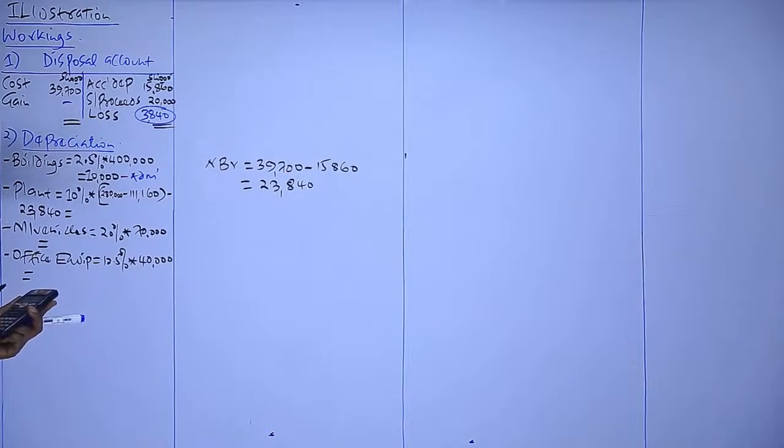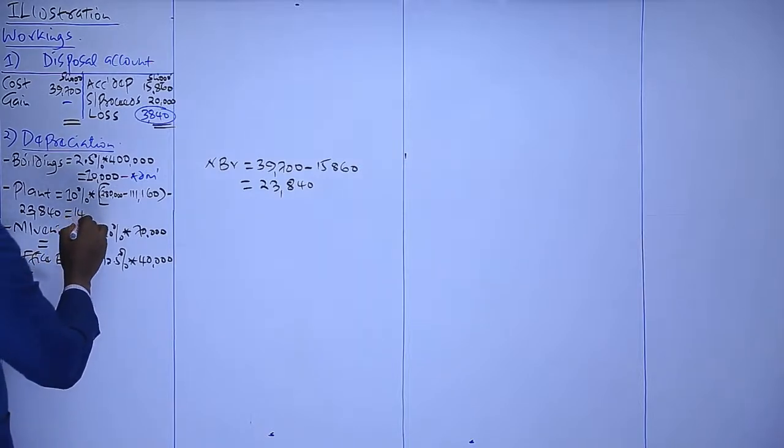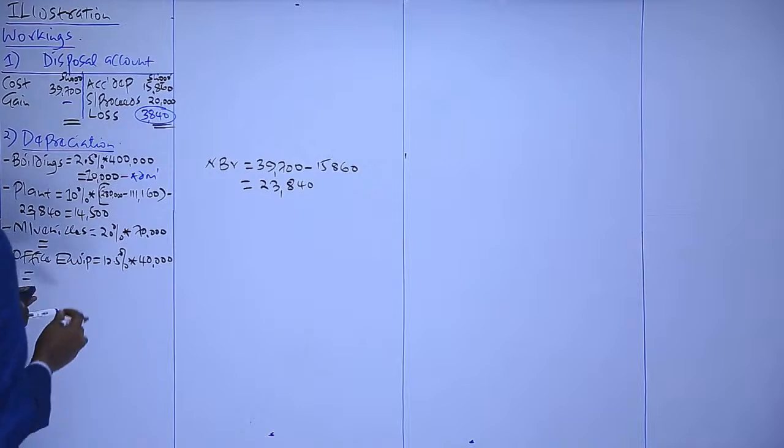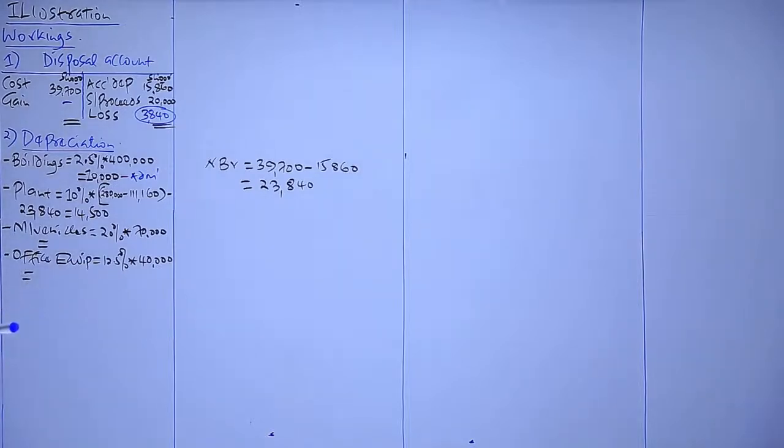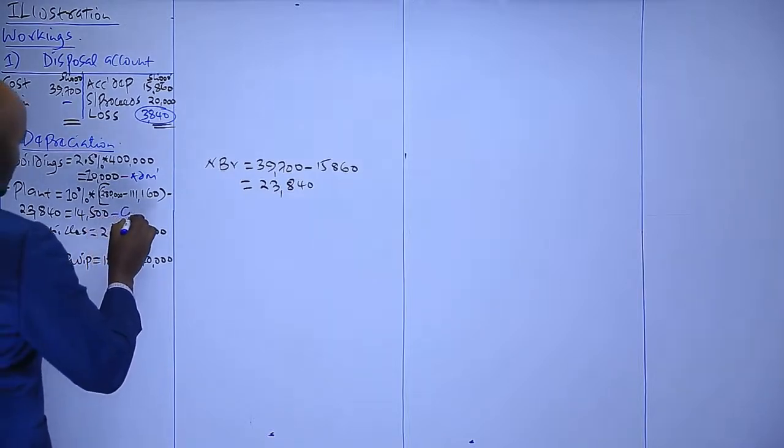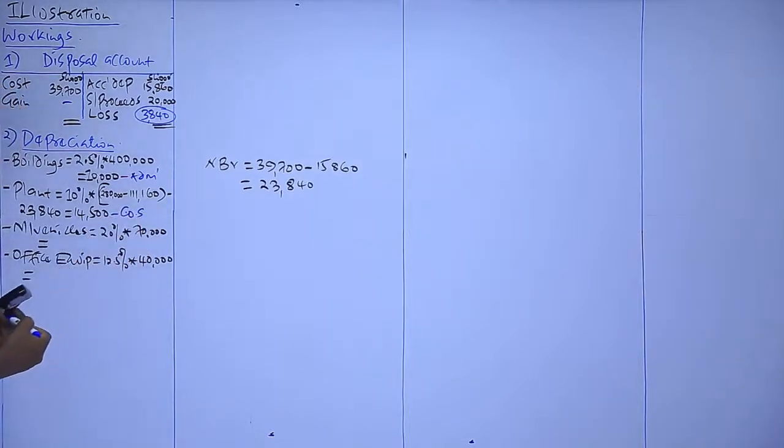Then we get 10% of that, which will give us 14,500. How is this depreciation to be accounted for? As per note number 2, this will be part of the cost of sales.